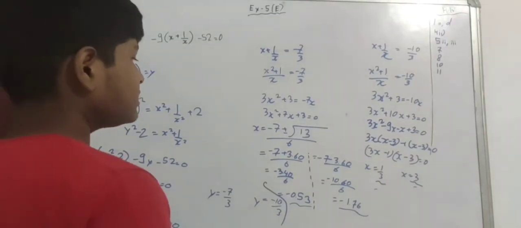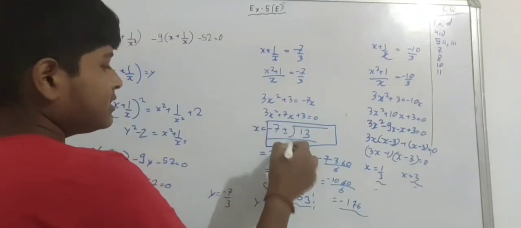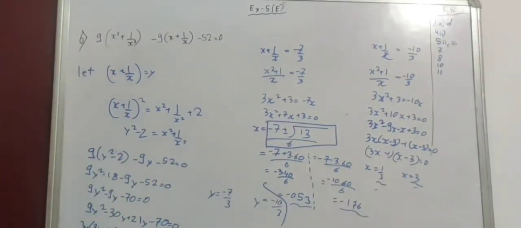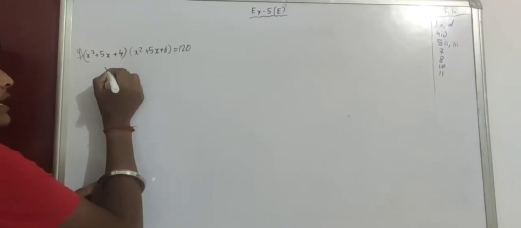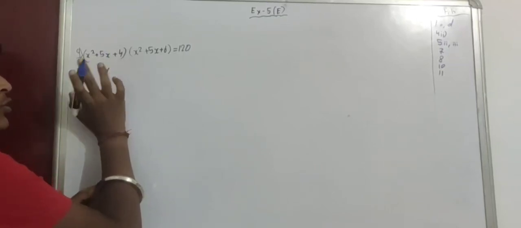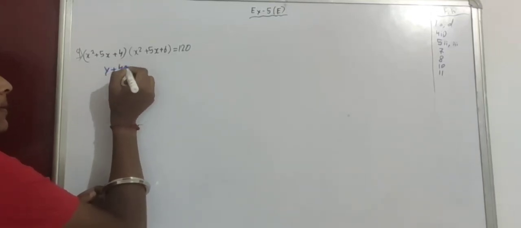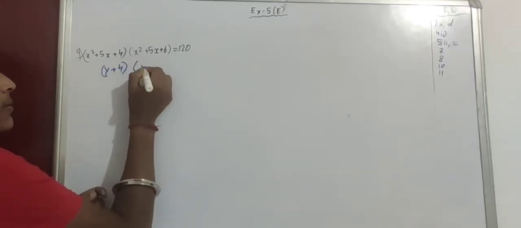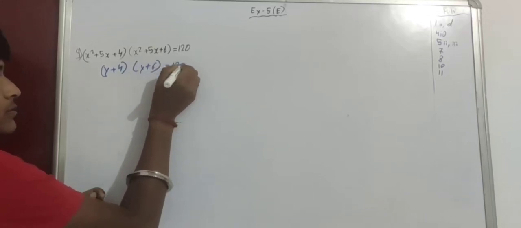Friends, the back answer is given as this only, but this will also be correct. Now taking directly y as x square plus 5x, we get y plus 4 and y plus 6 is equals to 120.